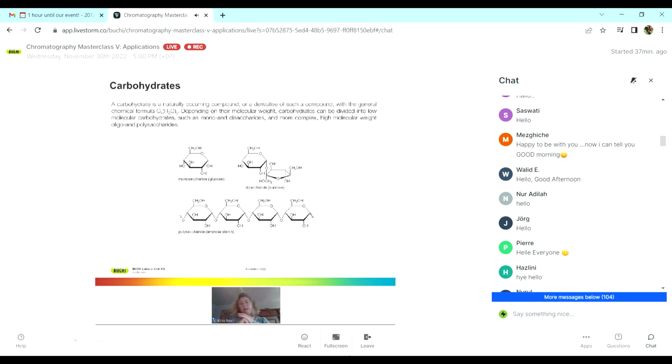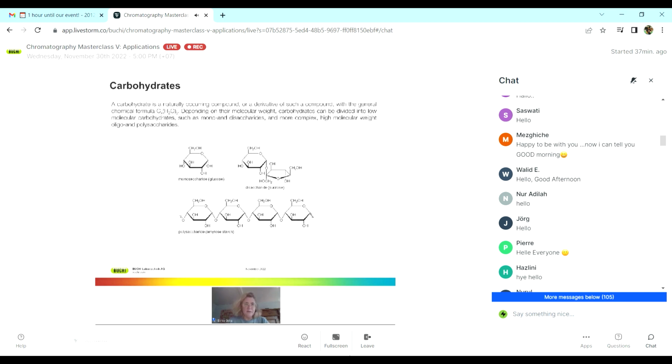Depending on their molecular weight, carbohydrates can be divided into low molecular carbohydrates, such as mono and disaccharides, and more complex ones, which have high molecular weights and are called oligo or polysaccharides, which you can see here on the pictures.